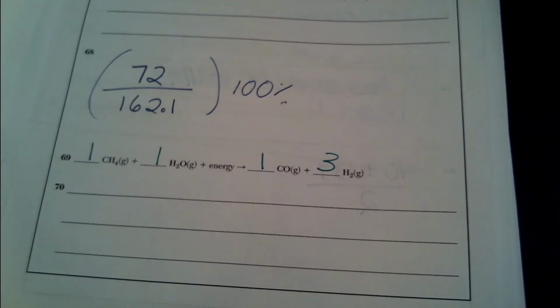So, question 70. Why does an increase in temperature increase the rate of the reaction? Particles are moving faster. Particles have more energy. That's about it. There's like 65 ways that you could explain this.